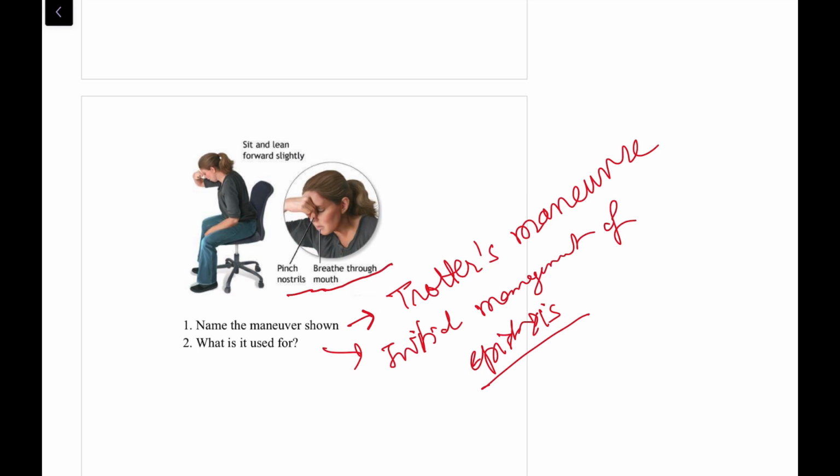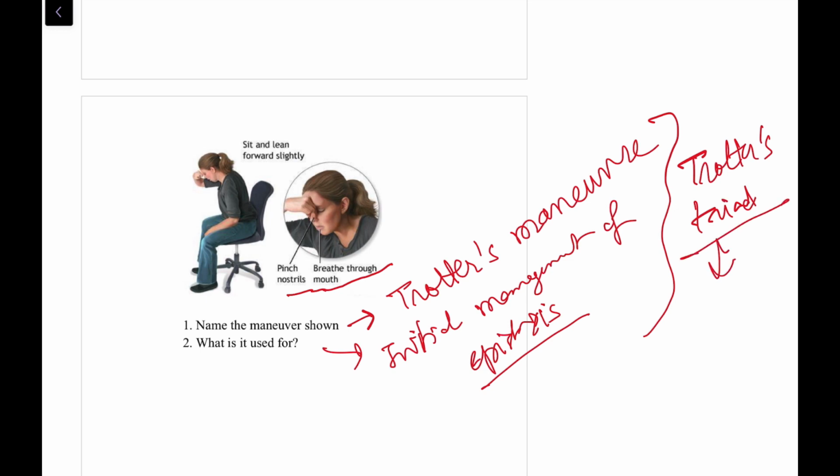An important cross question that you may be asked with this: Trotter's maneuver is totally different from Trotter's triad. Trotter's triad is something which you encounter in case of nasopharyngeal mass, usually carcinoma. So what are the parts of the Trotter's triad?